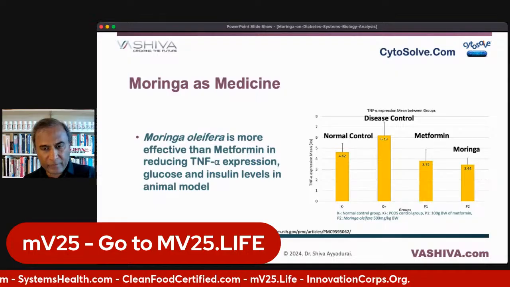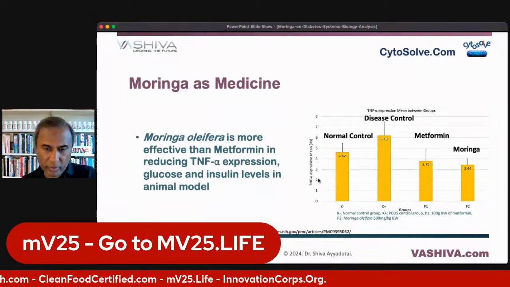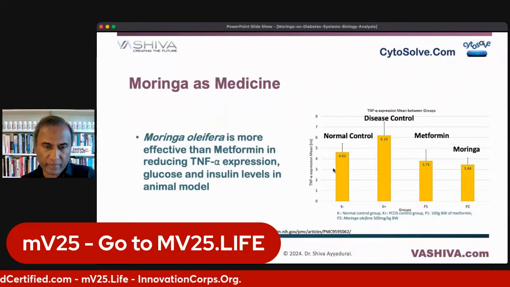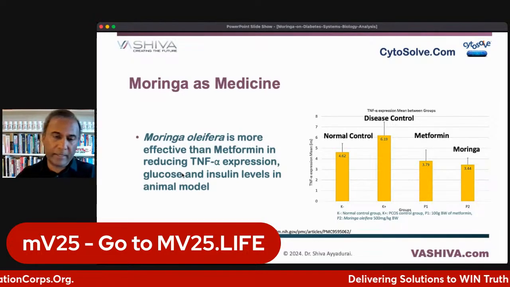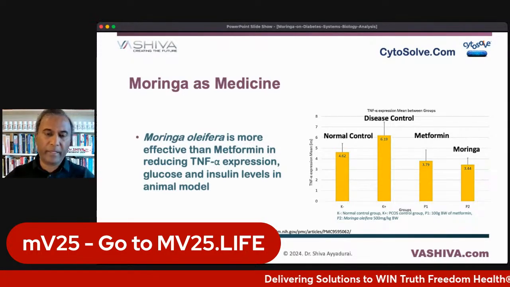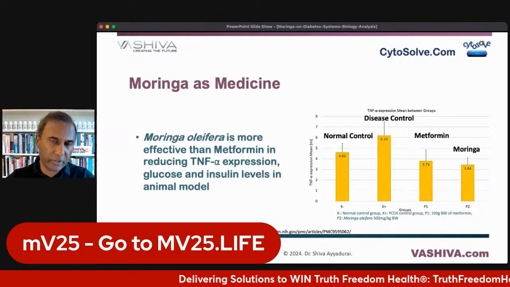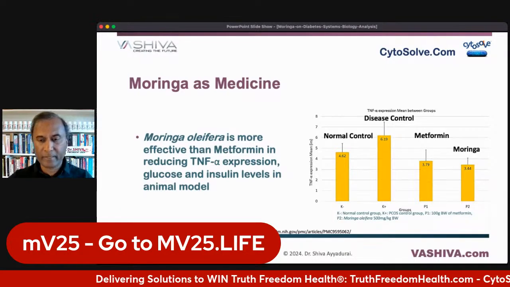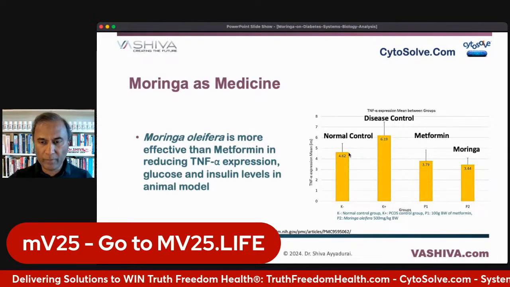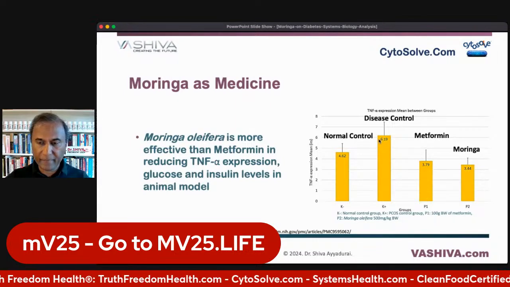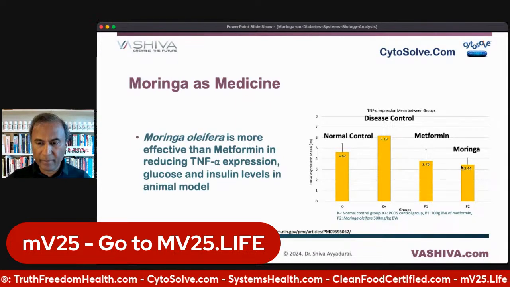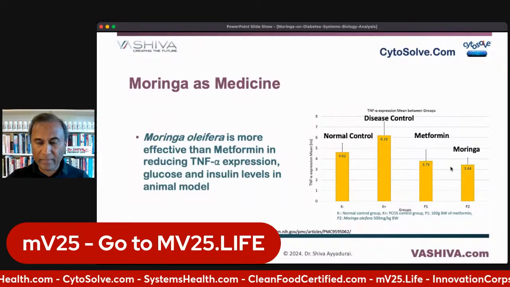So for example, here's normal control of TNF-alpha expression. Remember, when you reduce TNF-alpha expression, which is a cytokine, you make sure that you get better insulin modulation. We just talked about that in the pancreatic beta cells. So this is normal. Here's a disease state where TNF expression is high. Metformin brings it down, but look at Moringa, it brings it down even better.